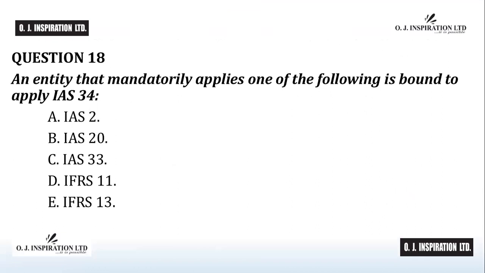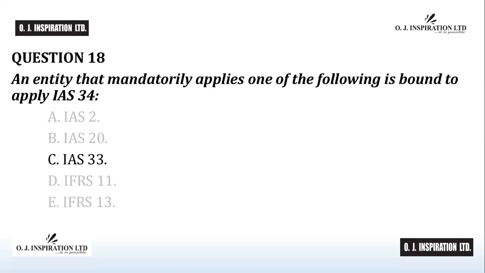Question number 18. The answer to question number 18 is C, IAS 33. IAS 33 earnings per share is mandatorily applicable to entities whose shares are quoted or traded in a public market, or that file or are in the process of filing to achieve being quoted or traded.